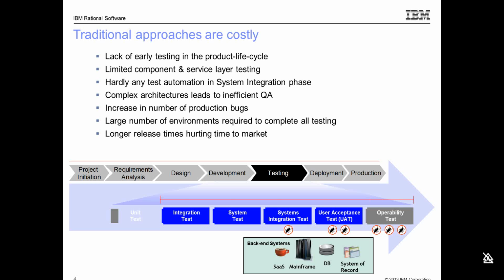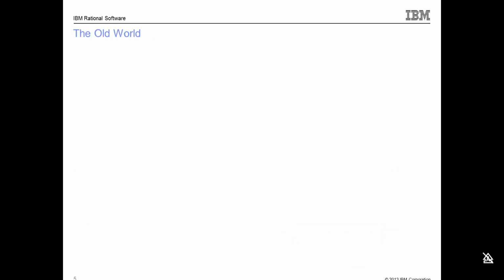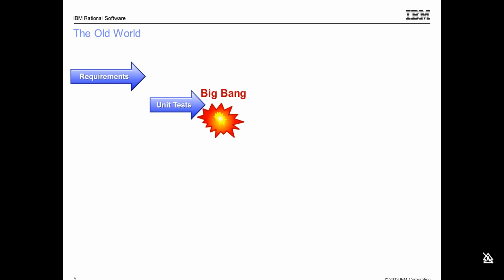So as you see in this diagram here, we're saying that most of the defects today are found later in the cycle, and let's see why this is happening, right? Now in the old world, what happened was we gathered requirements and then developers would start writing their unit tests after they started writing code.